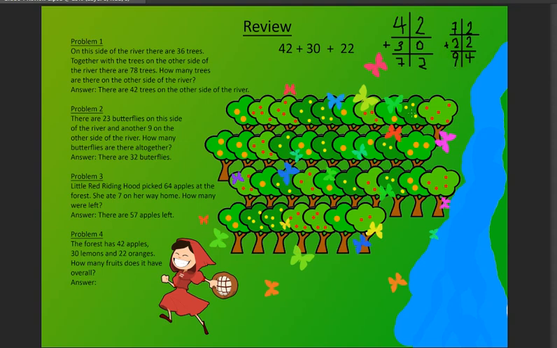So the total number of fruits is 94. My answer will be there are 94 fruits altogether.